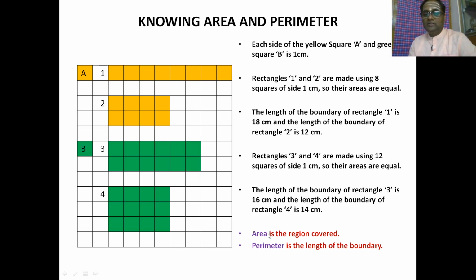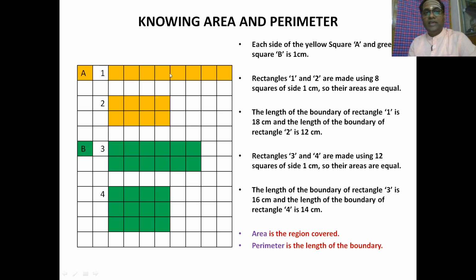Area is the region covered. So whatever region is covered here, we call it area. So this region is equal to 8 squares of side 1 centimeter. So it is 8 into 1, that is 8 square centimeter, because they are squares.